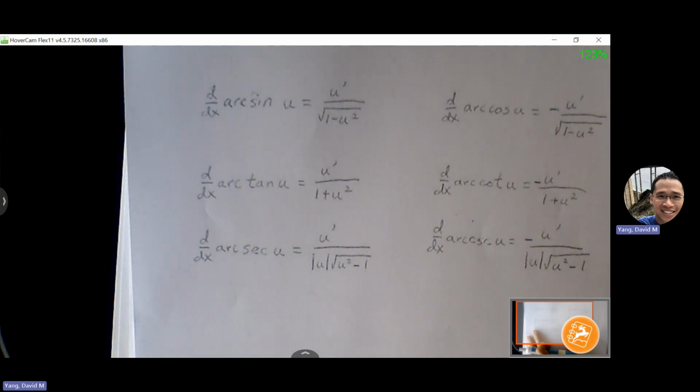And if I can figure out the order of the u squared minus 1, I know my arcsine is going to be a different order. So therefore, square root of 1 minus u squared. And the co-functions are just the negative. I can just copy these down exactly the same as the one to the left and put a negative in front. So I think that's my way of memorizing the rules: starting off with what's similar and then figuring out what the differences are in the denominator.